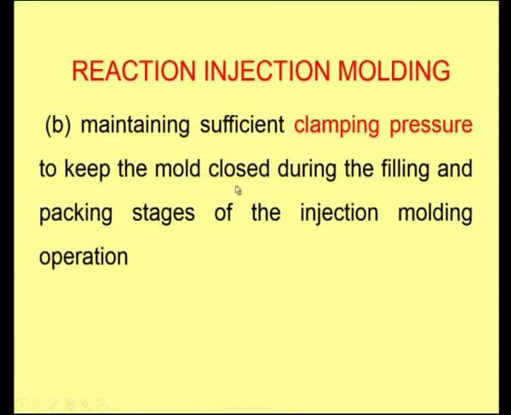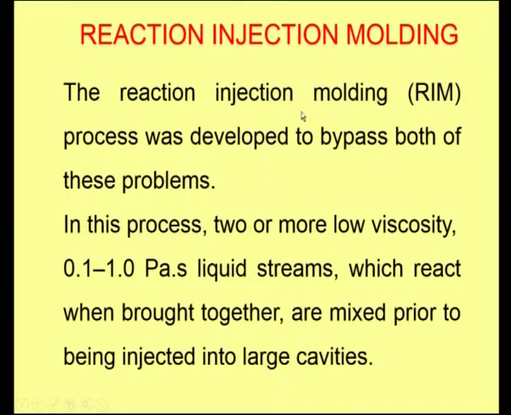So, this tonnage directly refers to the amount of clamping force it could generate, because once the mold is filled with the resin, the mold has to be tightly closed until the product gets solidified, and ultimately it is removed from the mold. So, till then you need to apply the clamping force. So, if the size of the product is high, then one has to maintain the clamping force for that much time. So, that will ultimately increase the cost of the machine. So, to overcome this, we go for the reaction injection molding process.